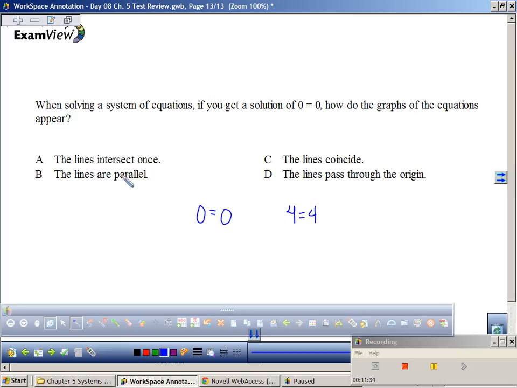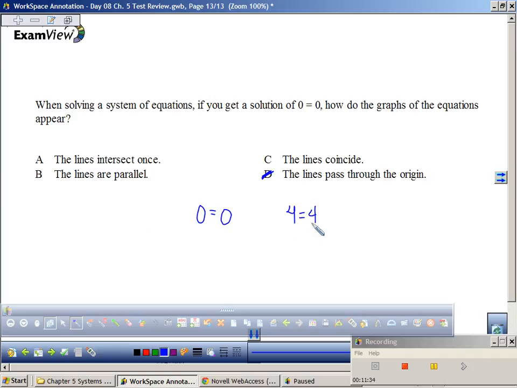Well, none of these say infinitely many solutions. Oh, look, this one even says the line passes through the origin. That's kind of like a distractor, right? Because some students might look at this and say, oh, I see 0, 0. Oh, that's the origin. The lines are parallel. Well, we just talked about that, right?